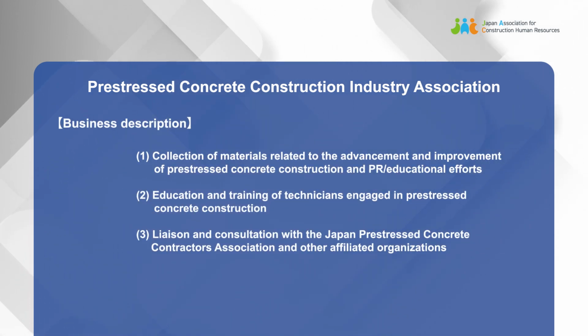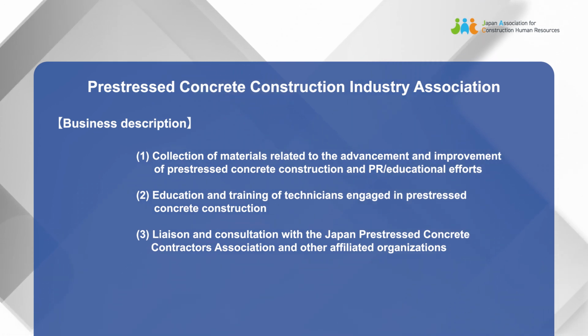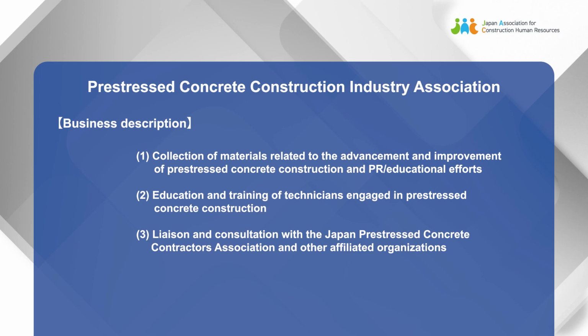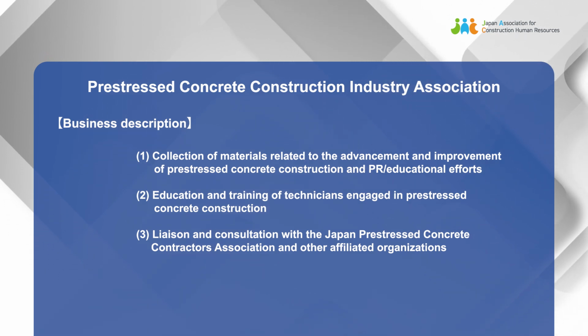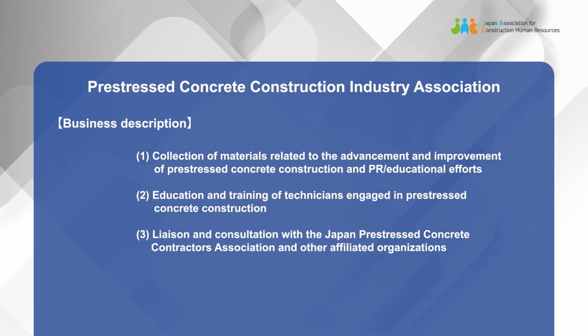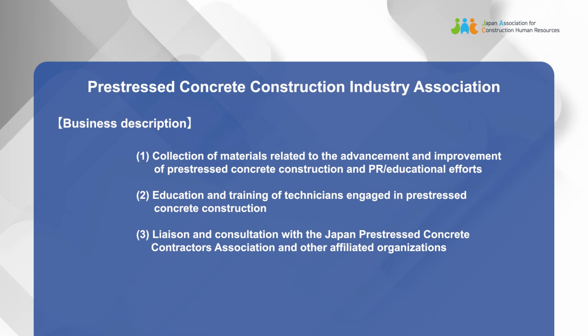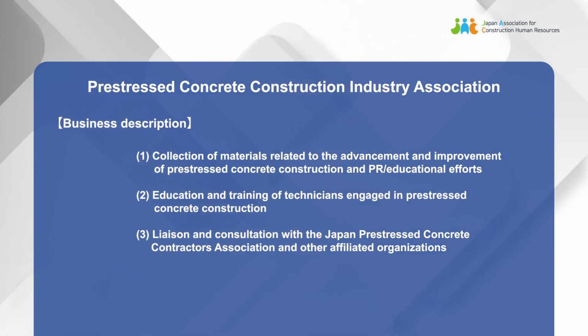Collection of materials related to the advancement and improvement of prestressed concrete construction and PR, educational efforts. 2. Education and training of technicians engaged in prestressed concrete construction. 3. Liaison and consultation with the Japan Prestressed Concrete Contractors Association and other affiliated organizations.